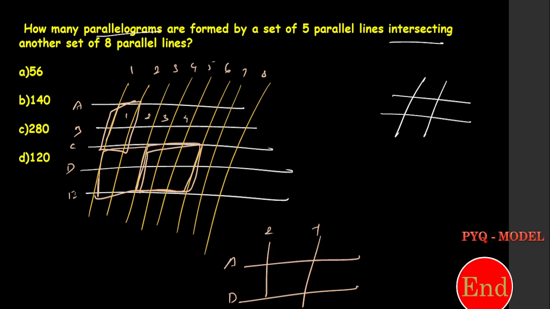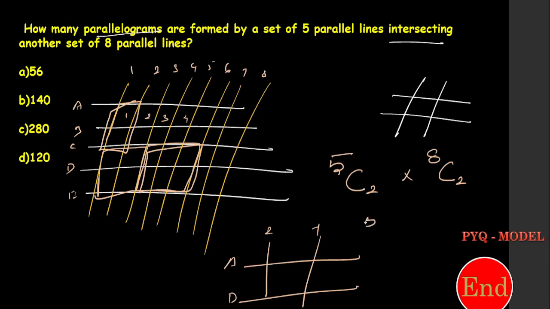This is one parallelogram. So if you can select any 2 parallel lines, horizontally and vertically, it will form a parallelogram. So I need to select 2 lines from 5 parallel lines and 2 lines from 8 parallel lines. It gives a parallelogram. That's it.